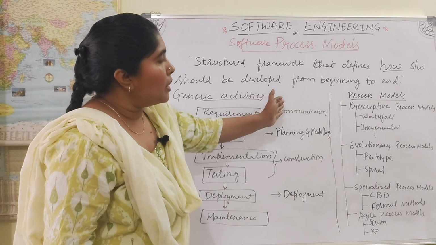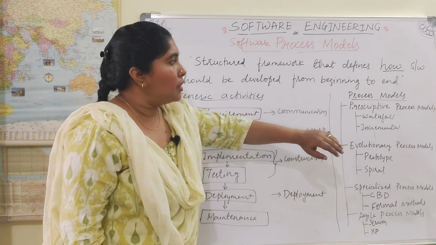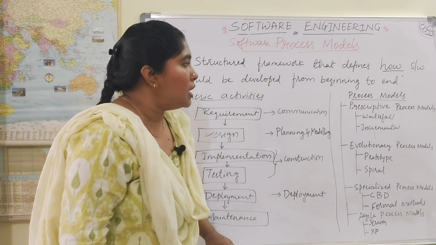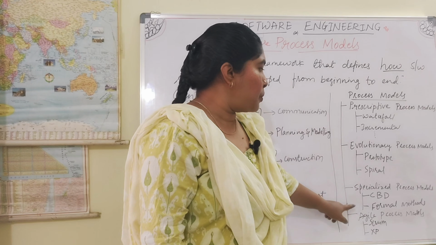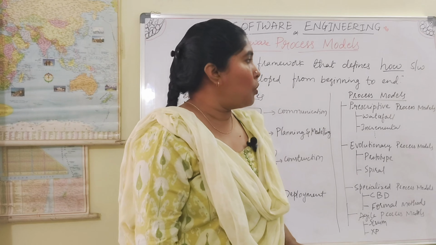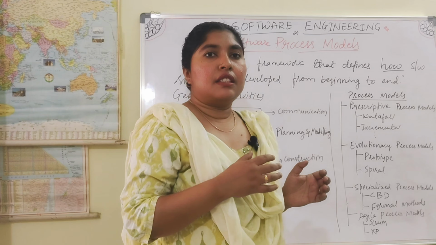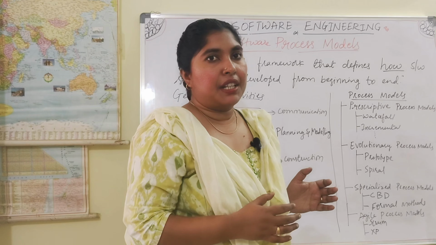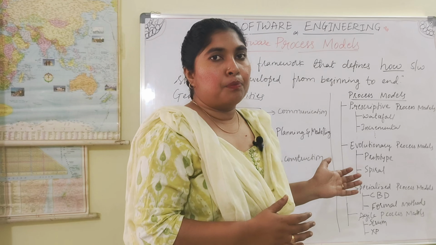There are different types of process models. We have the prescriptive process model, the evolutionary process model, specialized process models and the agile process model. In the prescriptive process model, the sequence of steps is predefined and known to the developer.